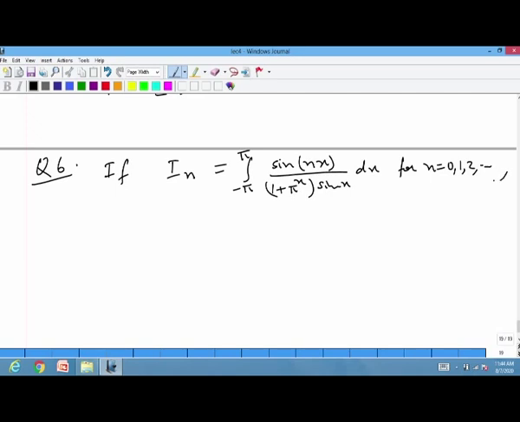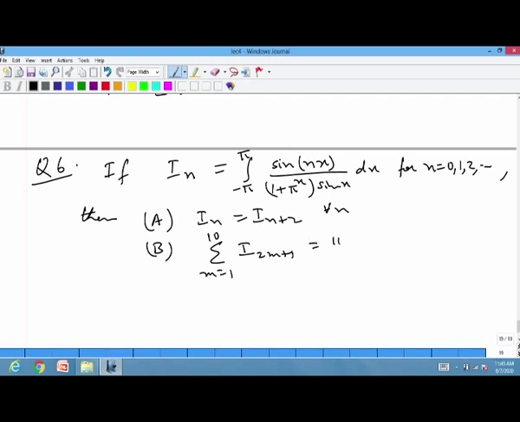Then which of the following options are correct? A is I n equal to I n plus 2 for all n. B, the summation of I 2m plus 1 for m equal to 1 to 10 is equal to 10 pi.